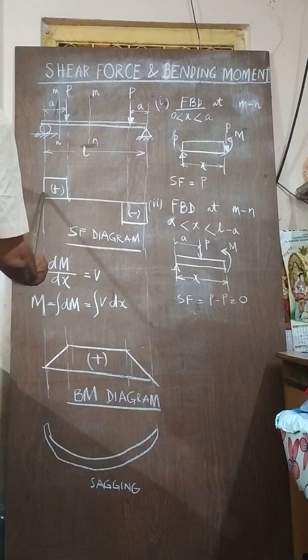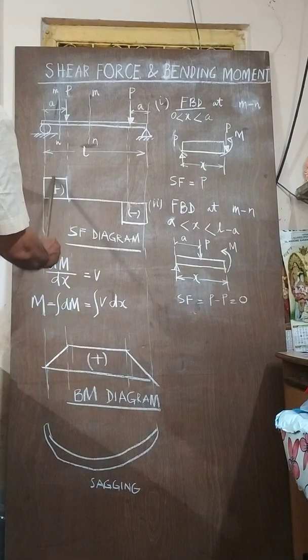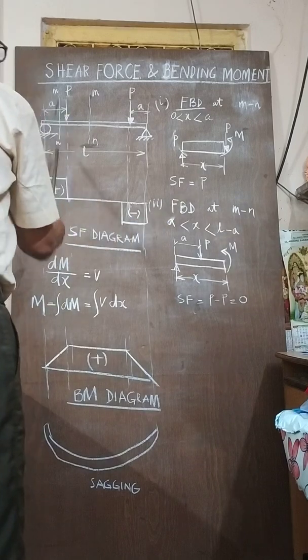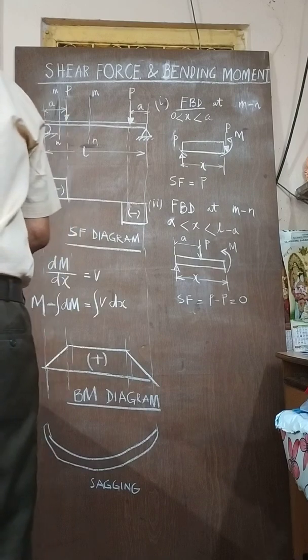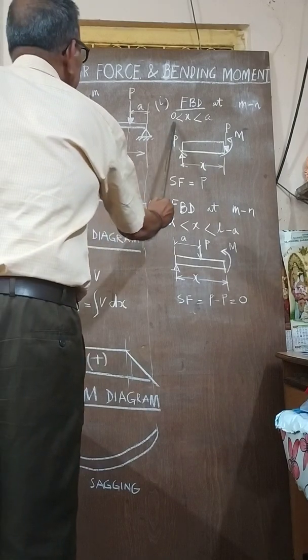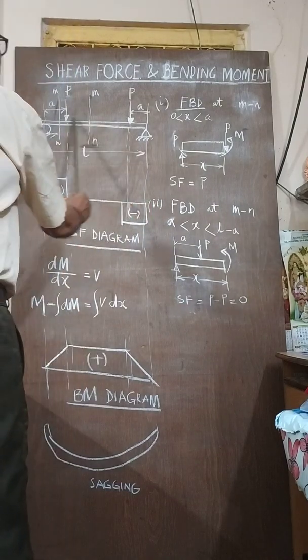The left hand side is moving up. It will continue as the same P along x, and this direction is x.